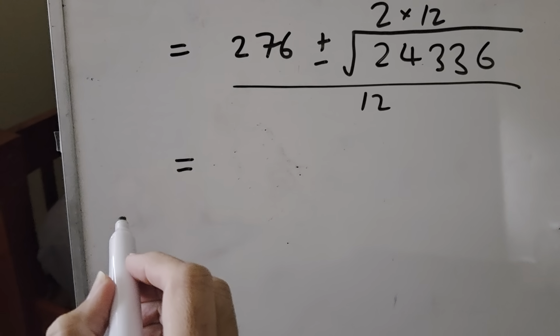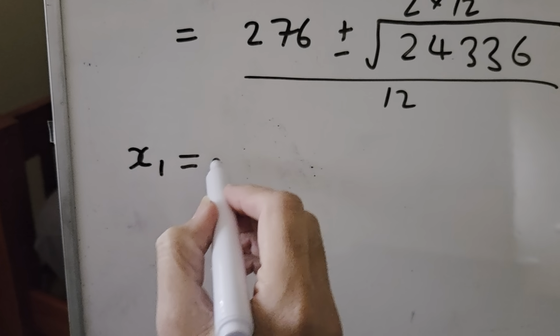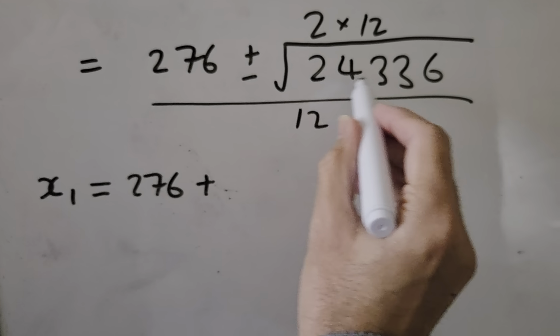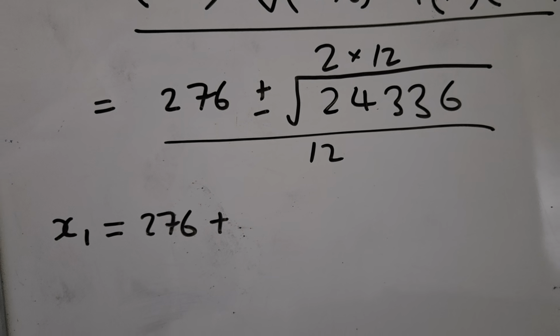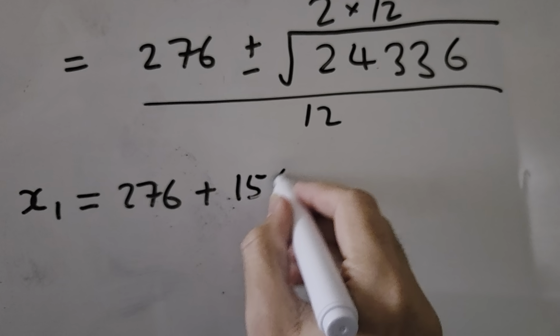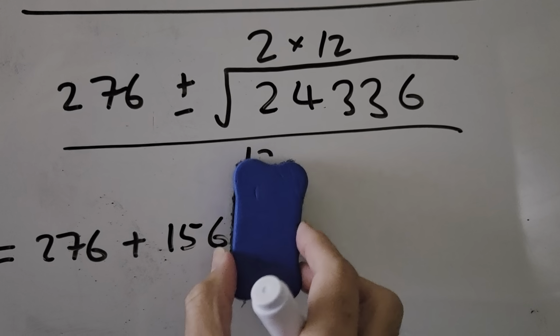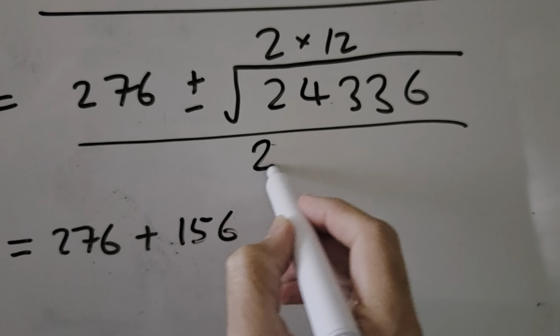Now we're going to get two x values. The first x value will be 276 plus, we follow the plus sign, and then the square root of that, which is 156. Apologies about a small error. That 12 should be 24. So 2 multiplied by 12, the denominator will be 24.